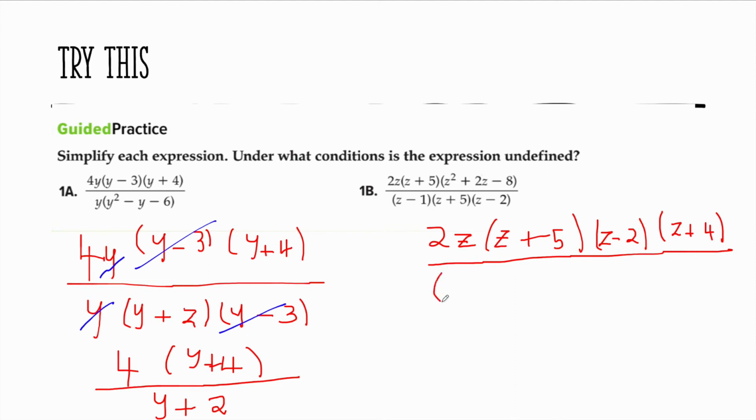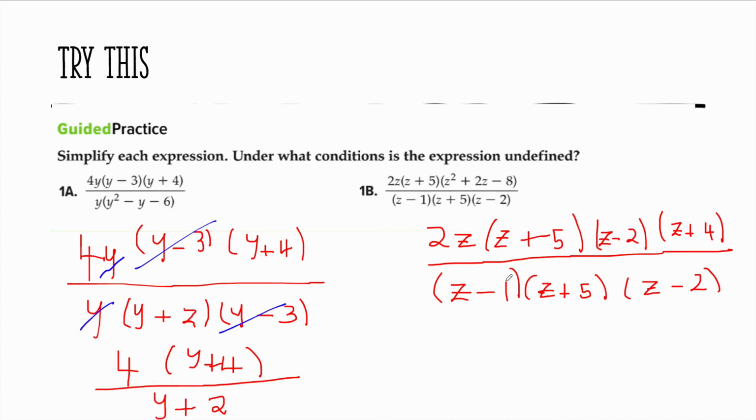So this will be z minus 1, z plus 5, z minus 2. Okay, let me just make my z different from my 2. Now, we have factorized. We need to cancel now.